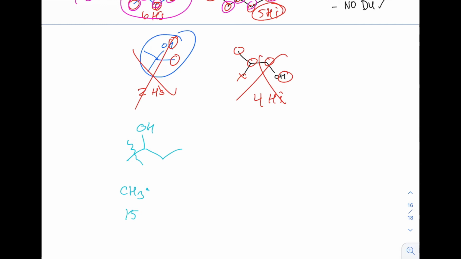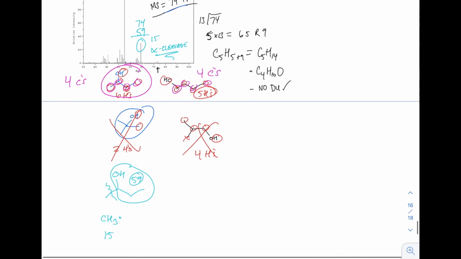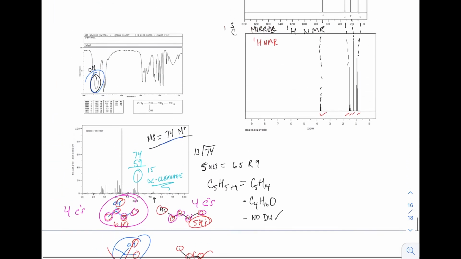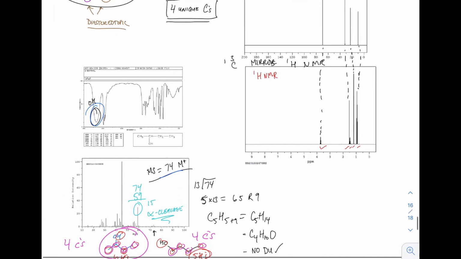And so subtracting that from our leftover molecule gives us that mass of 59, and therefore we've got our structure using all of the tools that we have for spectroscopy. So super fun stuff. Definitely takes some practice.